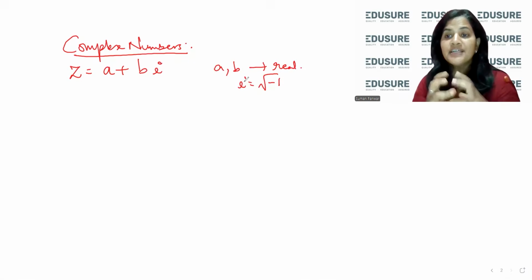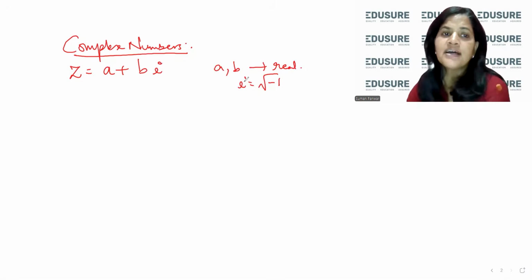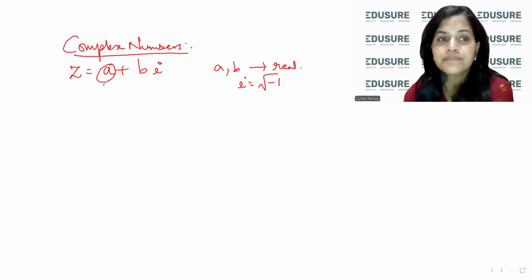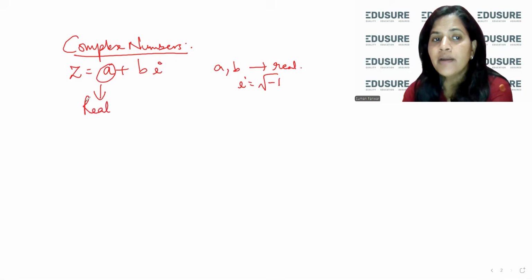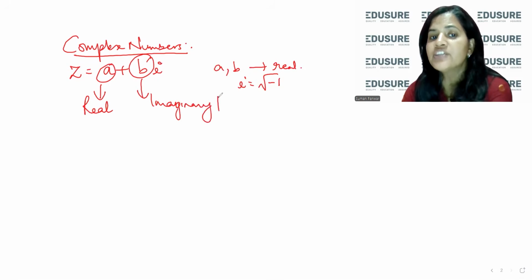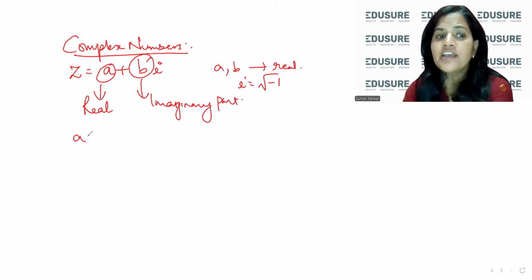So complex numbers have two parts. One is the real part, and the other is called the imaginary part. So a is called the real part of z, and b is called the imaginary part of z.